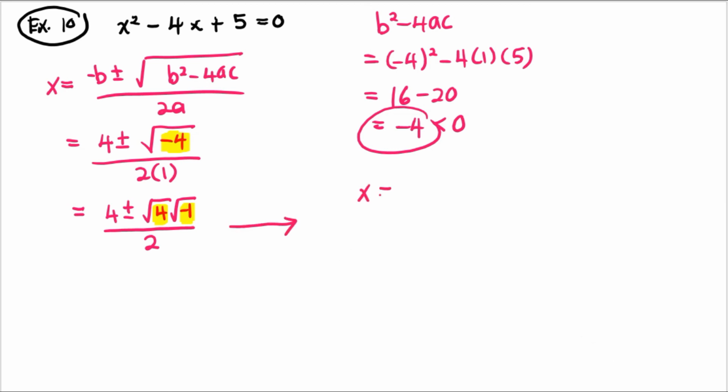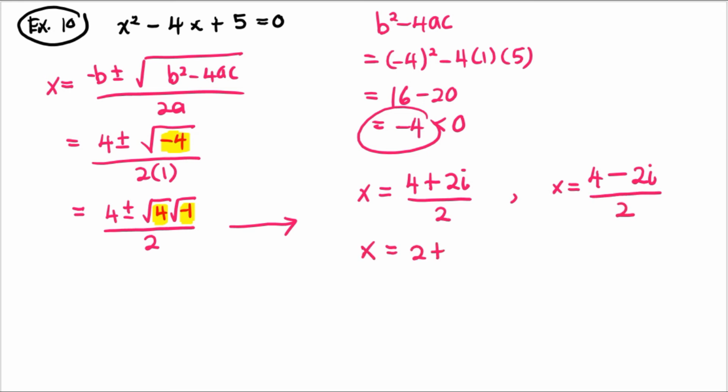In one case, x equals 4 plus the square root of 4, which is 2, and the square root of negative 1 will be i, divided by 2. Another one, you will have x equals 4 minus the square root of 4, which is 2, and the square root of negative 1 becomes i, divided by 2. We solve this one, you simplify, you get 2 plus i. Another one will have 2 minus i.